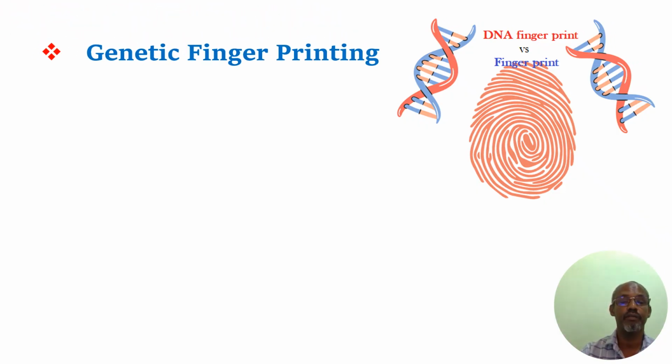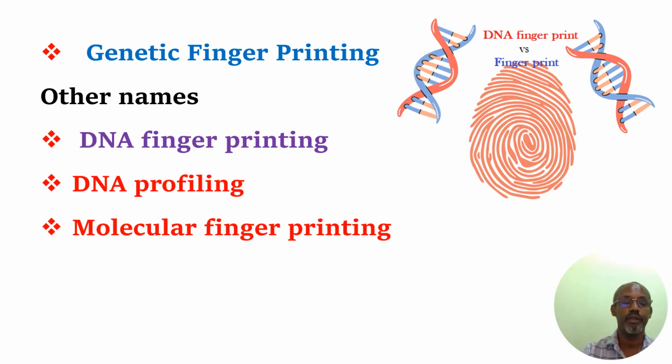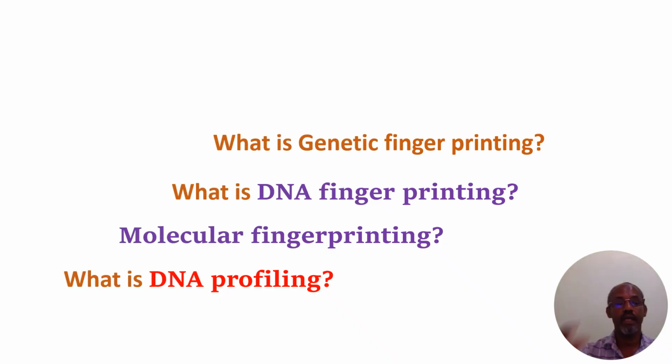Whereas if we identify the specific DNA profile, that is DNA fingerprinting, or genetic fingerprinting, or molecular fingerprinting, or DNA profiling, or molecular profiling, whatever you call it. Genetic fingerprinting, the other names as I have told you, DNA fingerprinting, DNA profiling, molecular fingerprinting, all these are under this section. Let us ask, what is genetic fingerprinting now?